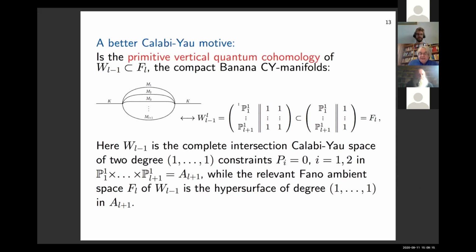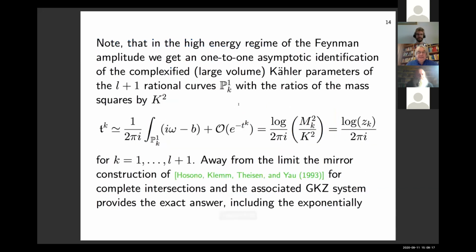And if you start thinking about it, then you realize there is a very nice relation between the volumes, or we in mirror symmetry say quantum volumes, for a reason that becomes clear immediately, with the masses of this Feynman graph. So you have all these L plus 1 rational curves, which are actually visible as P1s. And their quantum volume, what is it?